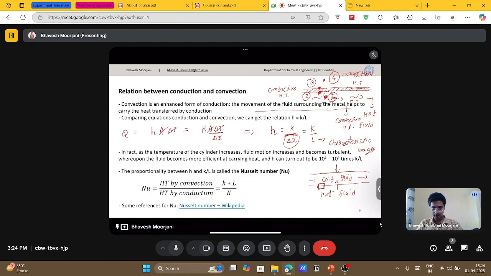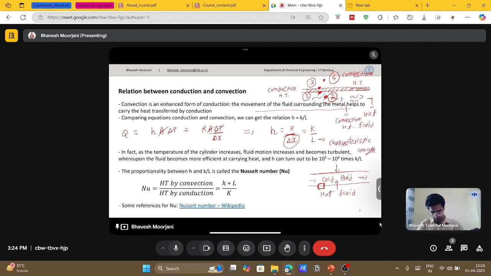So this relates conductive and convective heat transfer, where the heat transfer coefficient of a given fluid can be computed by its thermal conductivity divided by the characteristic length of the geometry that it's flowing over, right?